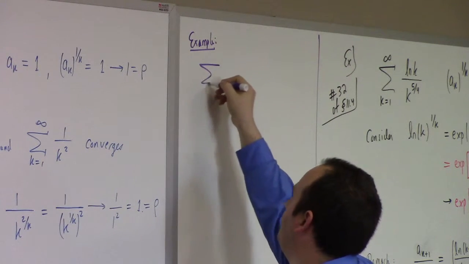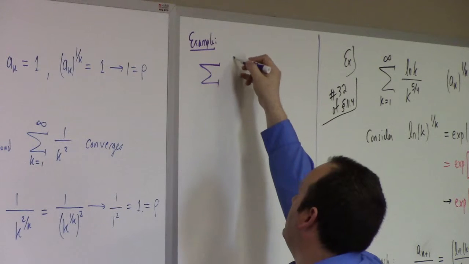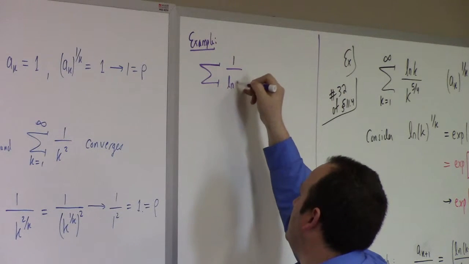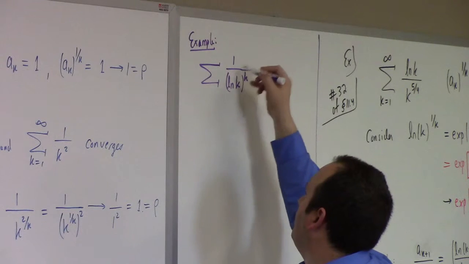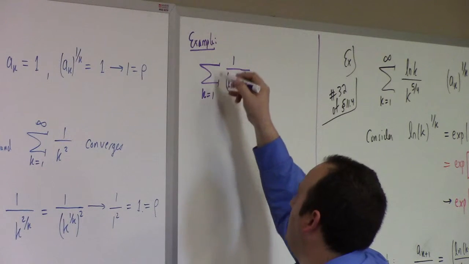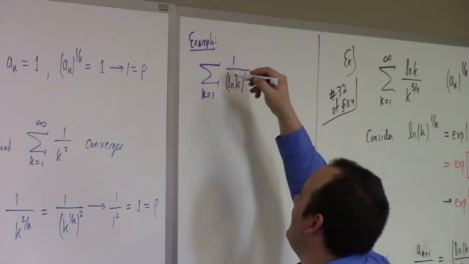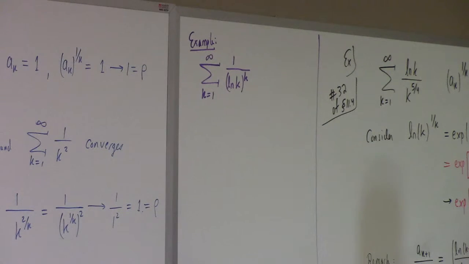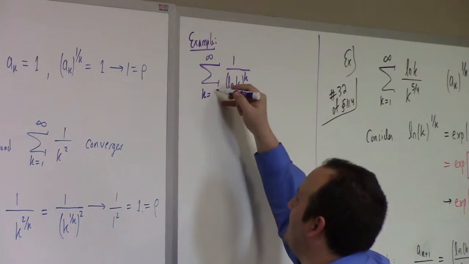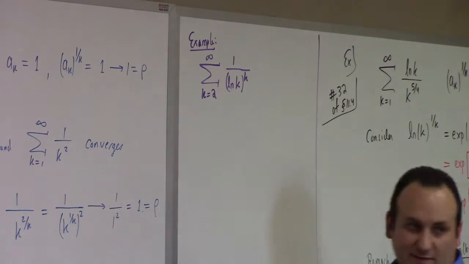The sum of 1 over the natural log of k to the k power. I'm always tempted to write k equals 1 to infinity here, but can you guys tell me why that would be probably a bad idea? Yeah, log of 1 is 0. That's just not a well-defined thing. So there we go. Now it actually makes sense at least.